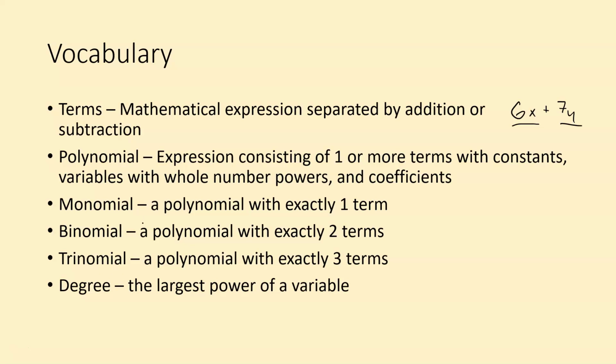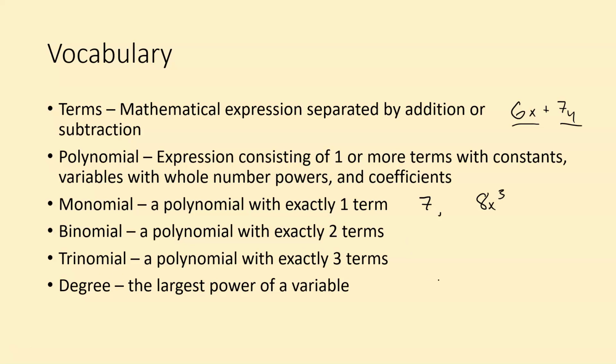A monomial is a polynomial with exactly one term. So if I just gave a constant like 7, that's a monomial. Or you could say 8x cubed, that's a monomial, only one term. Binomial, polynomial with exactly two terms. So like this example up here that I gave is a binomial.